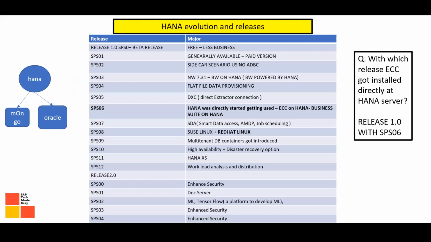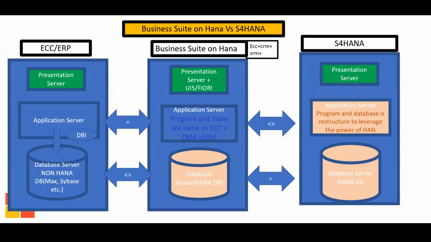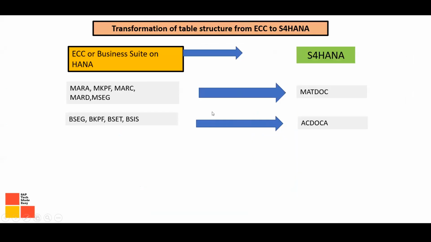Then you can see here, this was the ECC ERP, then the business suite on HANA, and then we have S4 HANA. This is what we talked about in the beginning of this session.